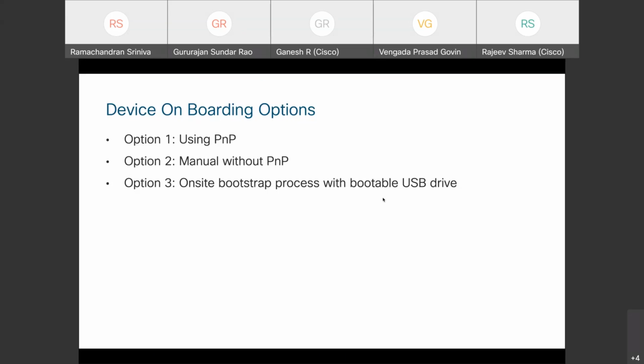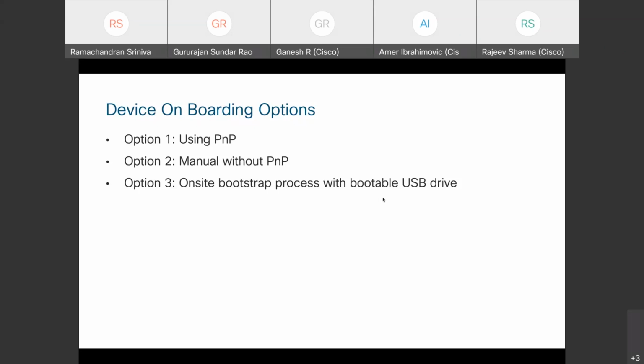The first option is using PNP, which is the PNP or ZTP process. The second option is the manual option, which is without PNP. Basically, we put minimal configurations manually onto the device for the onboarding process.